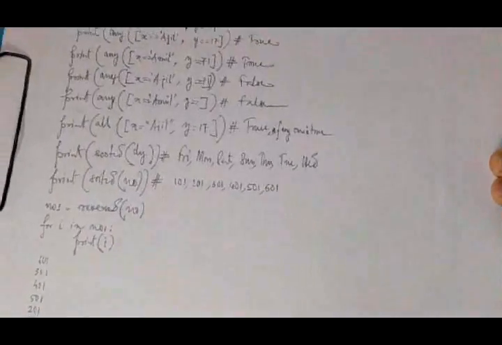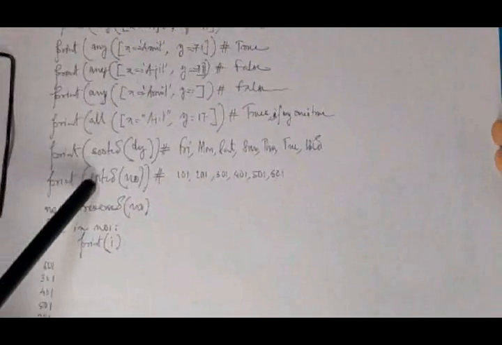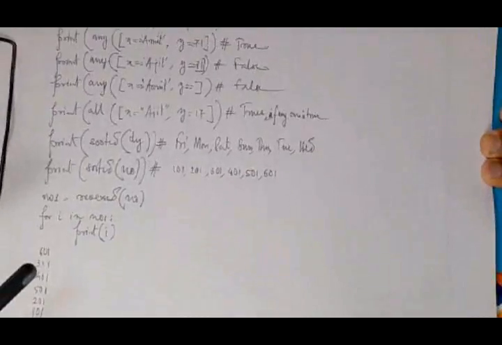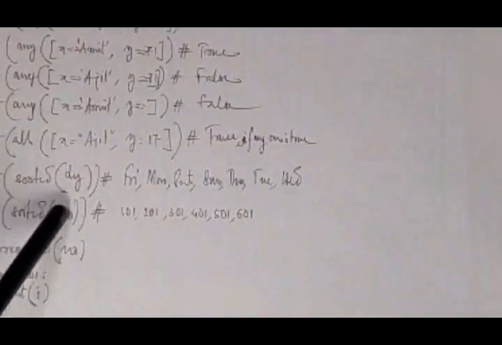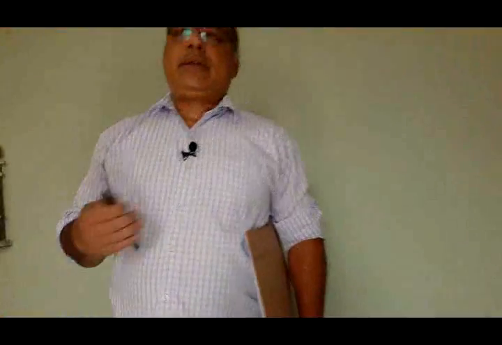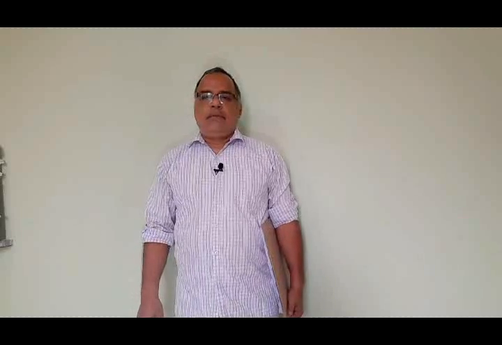Similarly, print sorted NO. The numeric values of NO are printed in ascending order. So this is called sorted. If you write reverse is equal to true, then it is sorted in descending order. By default, reverse is equal to false, meaning ascending order.